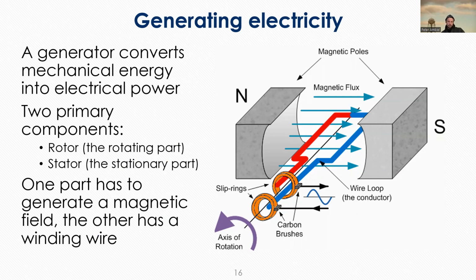The way this works is a generator can convert mechanical energy into electrical power. A generator, and a motor is an example of this type of system, has two primary components: a rotor and a stator. The rotor is the part that rotates. The stator is the stationary part. Not too hard to remember.